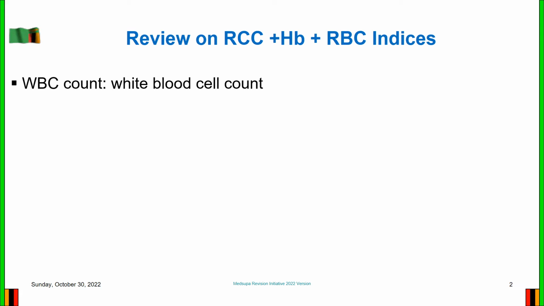Parameter number 1, we are going to talk about white blood cell count, which we did. And we know that under the white blood cell count, there are also 5 differentials. When we talk about differentials, we call them differentials because differentials are specific.